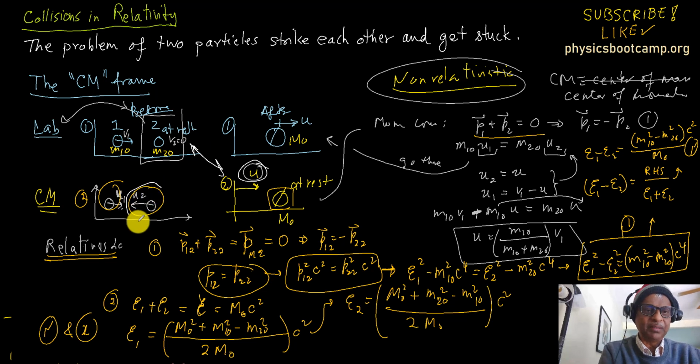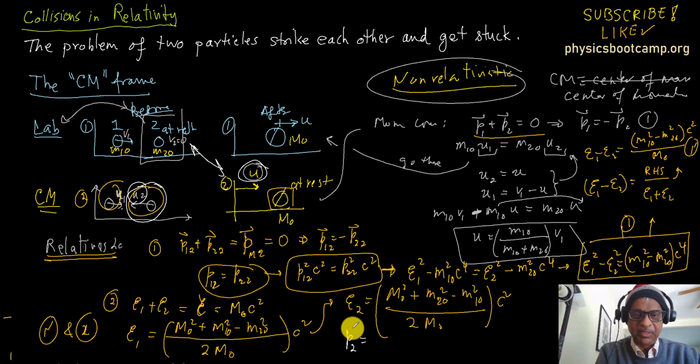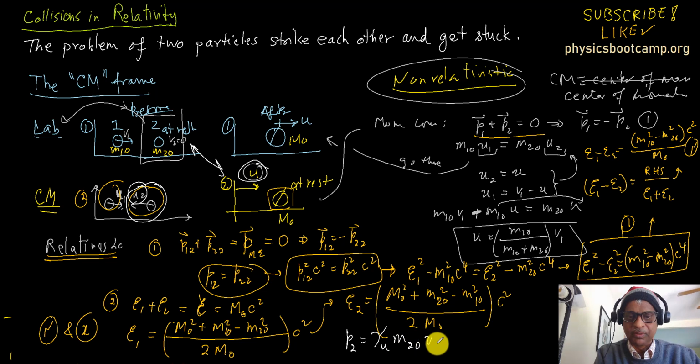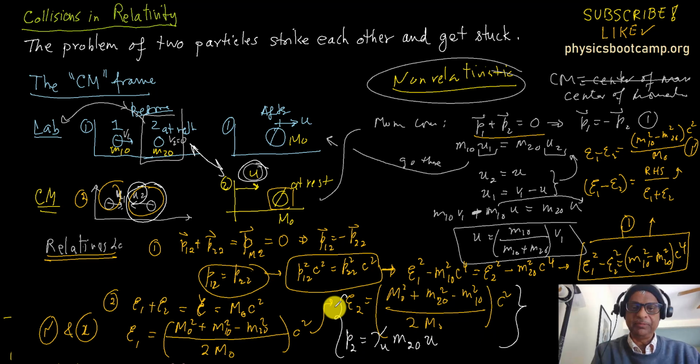This U2 here comes from this being 0 here, and so this U2 is actually the same as U. If you look at momentum and energy, P2 is going to be just gamma U times mass M2,0 times U. So the magnitude of P2 is this, and from these two we should be able to get what U will be, right? Let me erase that and I'll show you some steps.